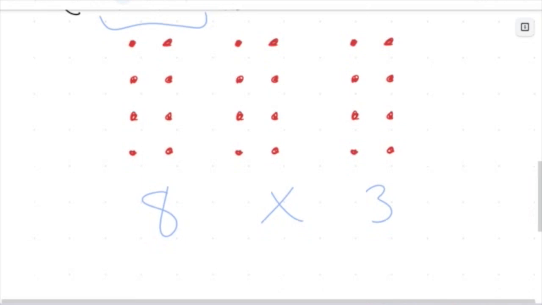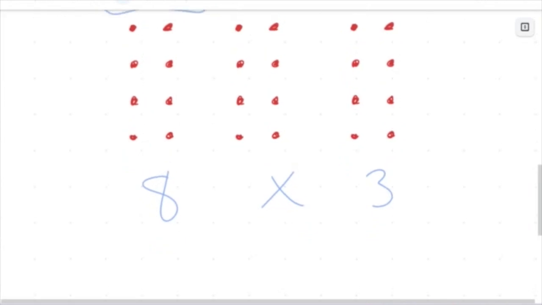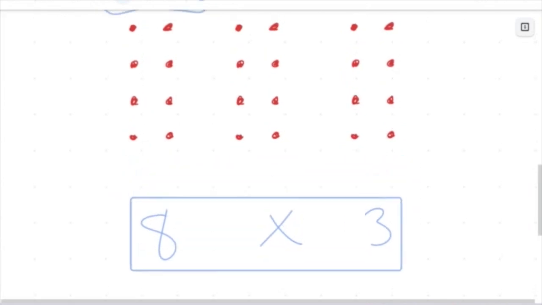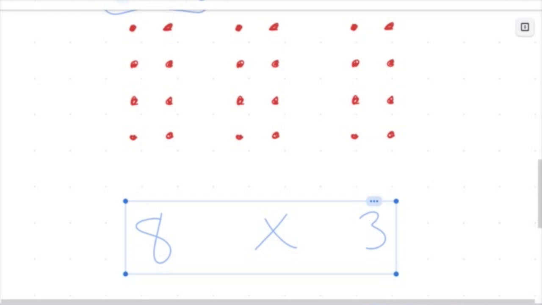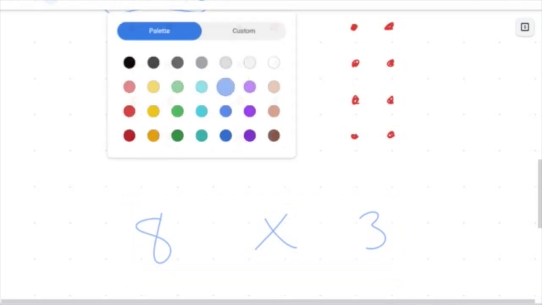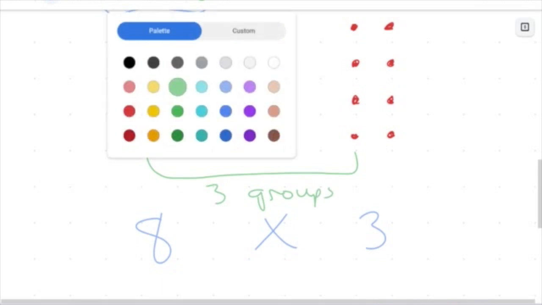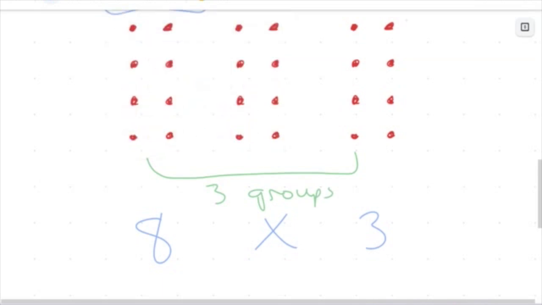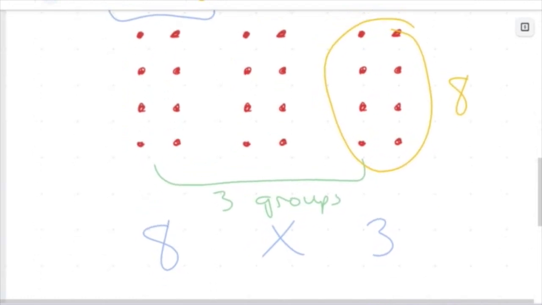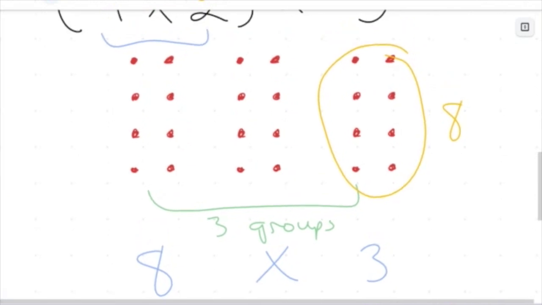I now have, if I just shift this down, 3 groups of 8. Cool.